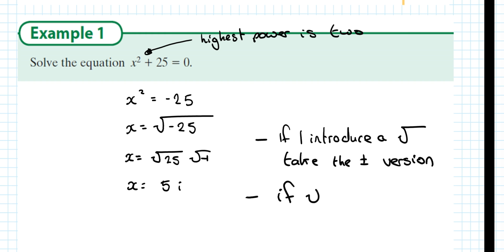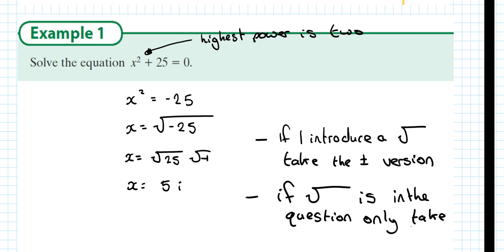If the square root is in the question, only take the positive version.